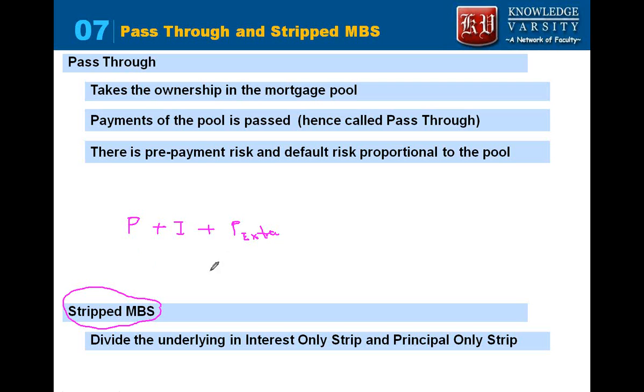In that you have a principal only strip, and then you have an interest only strip. If some investor is looking only for the interest payment, they will invest in the interest only strip. Some people who are interested in getting the principal payment will invest in the principal only strip.